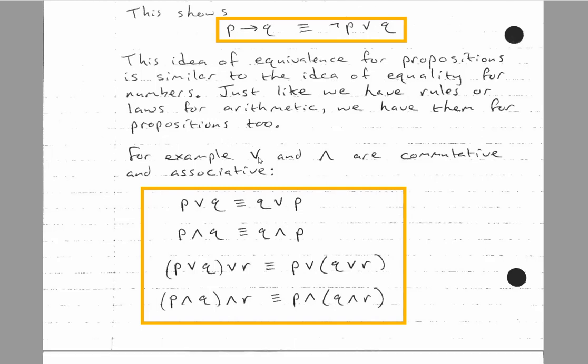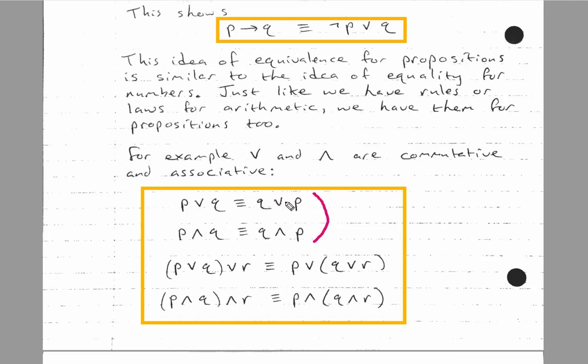You know that if you add or multiply two numbers, 2 plus 3 equals 3 plus 2, or 2 times 3 equals 3 times 2. The same is true for or and and. P or Q is logically equivalent to Q or P, and the same for and.